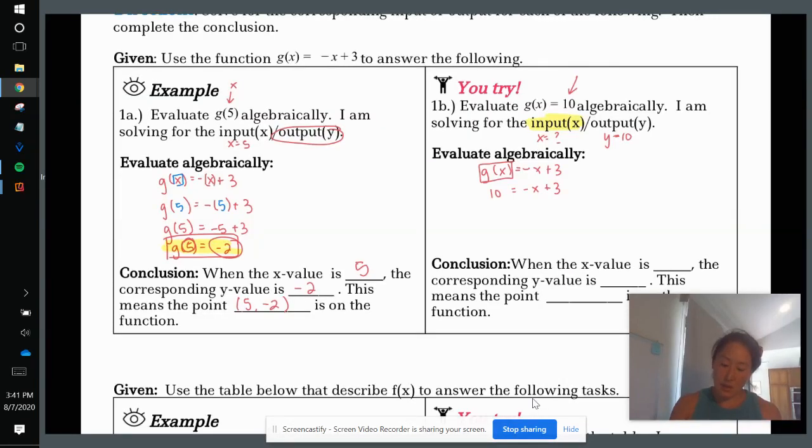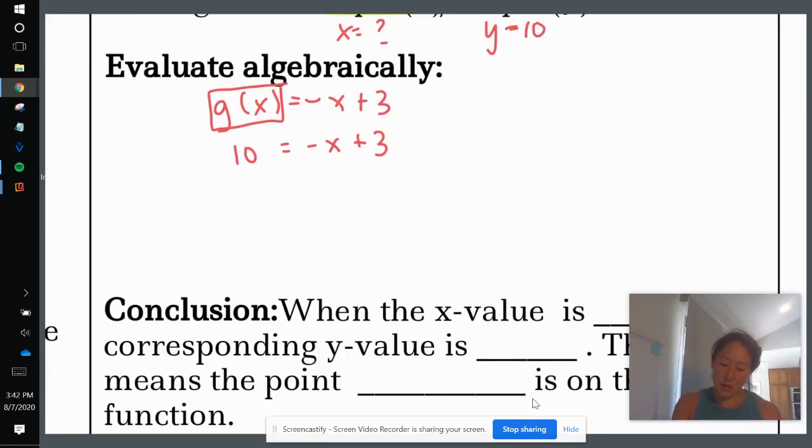All right, so we're going to continue to solve the equation. So subtract 3 from both sides, giving us 7 is equal to negative x. And really there's an invisible 1 in front of the x, so we're going to divide by negative 1. Negative 1 divided by negative 1 gives me a positive 1.